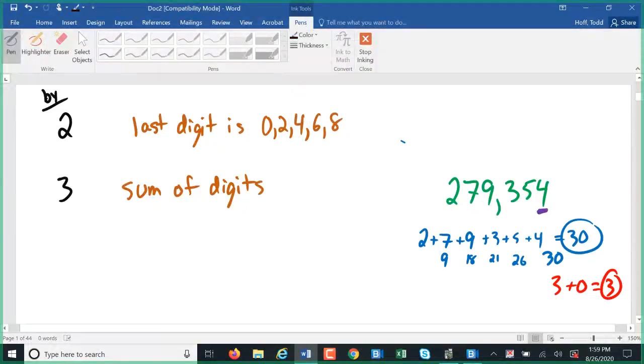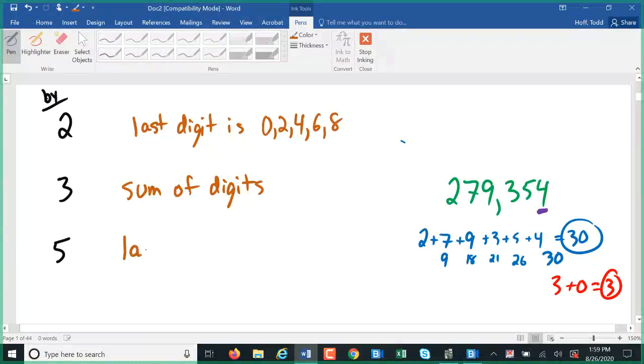For 4, there's a rule for 4, but it's really not necessary because, well, if I'm going to divide something by 4, I could just divide by 2 twice. And the rule for 4 requires us to memorize all the multiples of 4 from 0 through 100. I don't expect you to know all those. 5, however, is pretty easy. How do you know if something's divisible by 5?